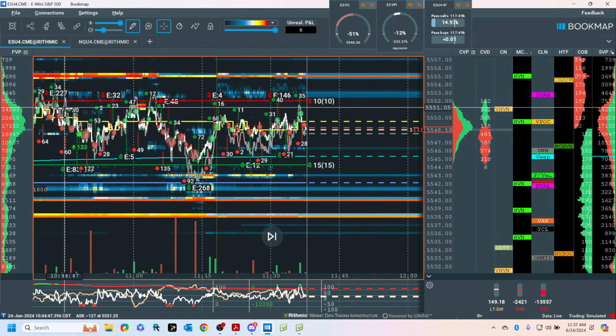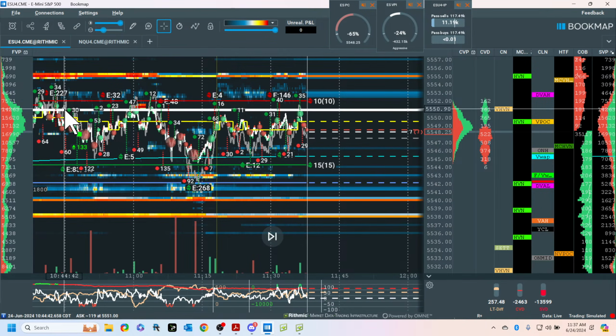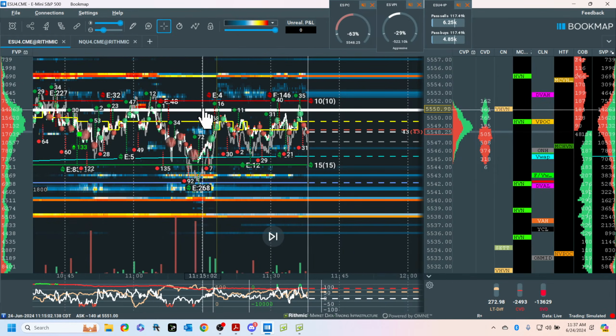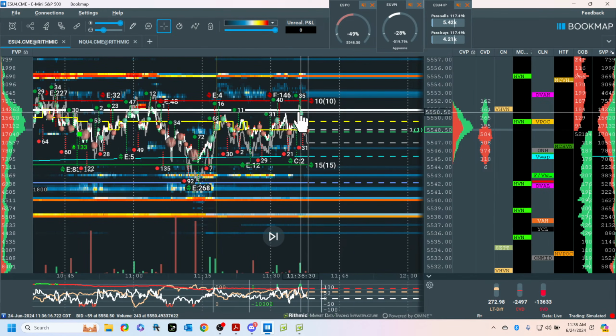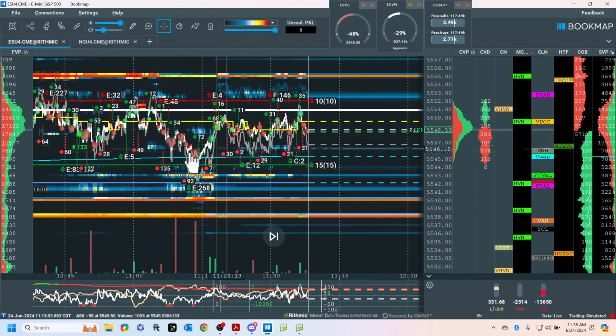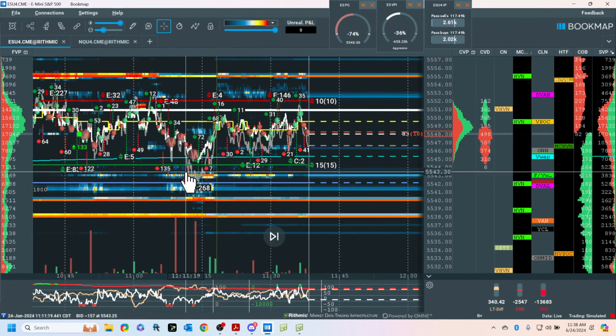This is what auction market theory is, because the market is really based on the participant behavior, not an indicator. I don't use them. Why would I use an indicator? First of all, they're not real time. The other part is they're random. They don't understand the condition of the market. They're just going to give you what? Buy, sell, and where?